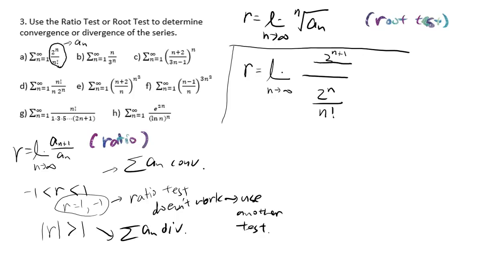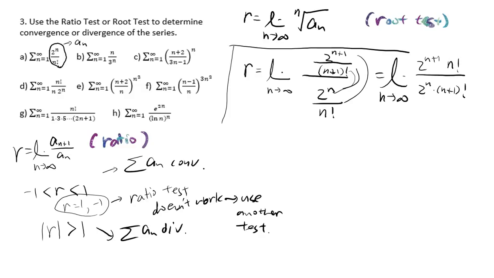And instead of n factorial, you write n plus 1 factorial. You simplify the complex fraction as a limit n going to infinity. If you multiply the inside, it goes in the denominator, so it's 2 to the n times n plus 1 factorial. If you multiply the outside, that goes in the numerator, so it's n factorial.